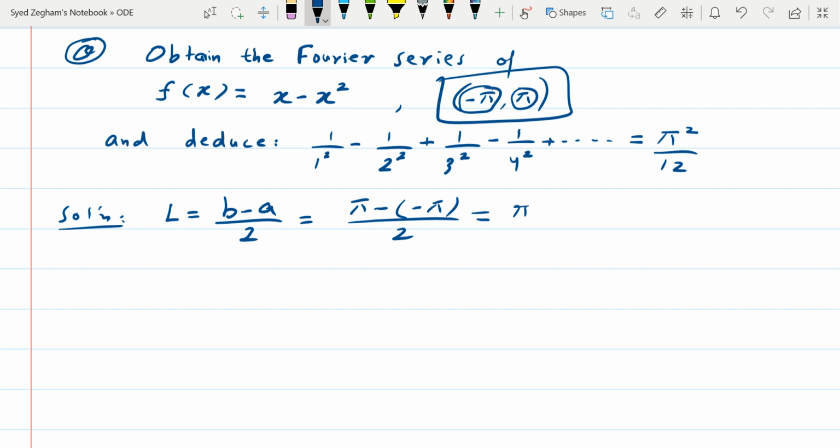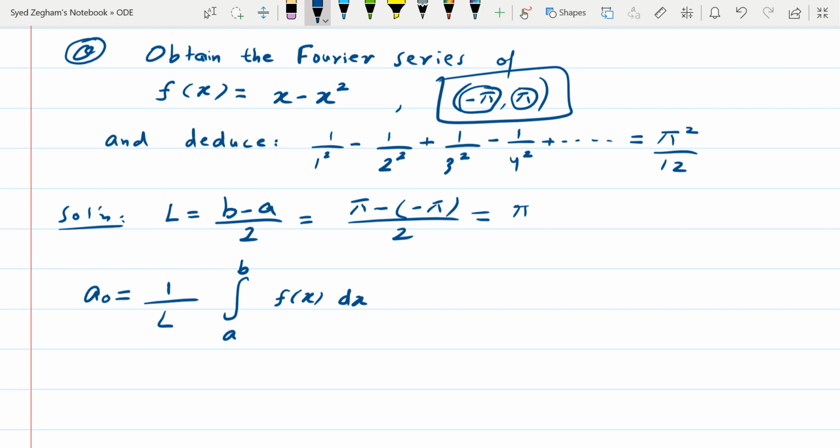Then let us calculate a naught. A naught is 1 by L integral of the function f(x) dx over the limits a to b, right? So let us put the values here itself.